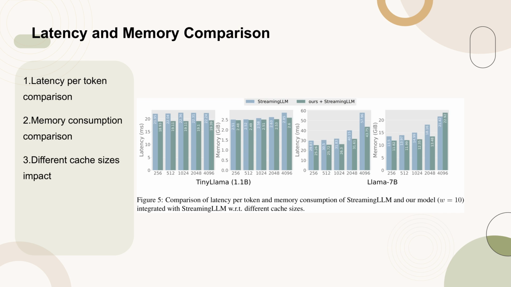Figure 5 illustrates the comparison of latency per token and memory consumption between Streaming LLM and our model, W equals 10, integrated with Streaming LLM across various cache sizes. The data reveals that the integrated model achieves lower latency and memory usage, demonstrating its efficiency in handling different cache configurations.